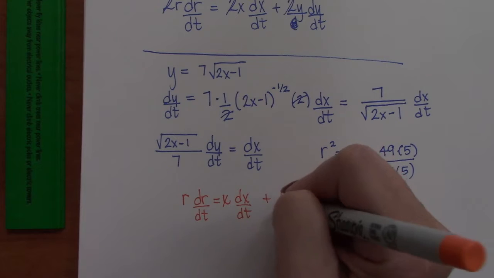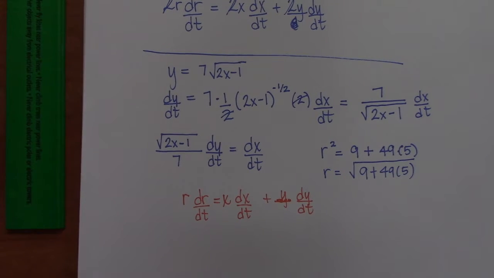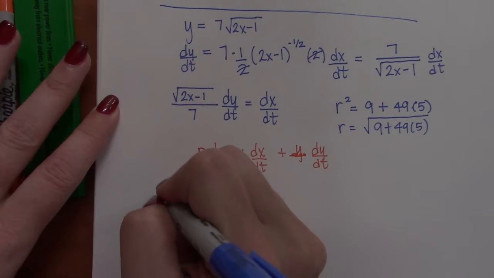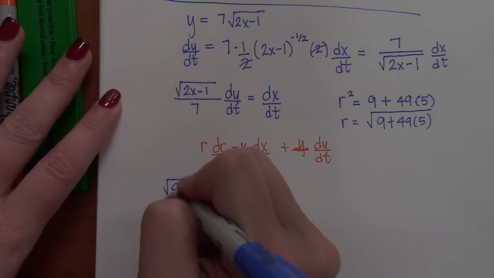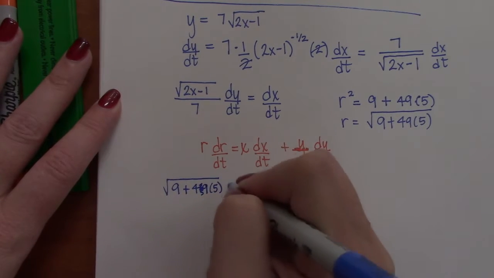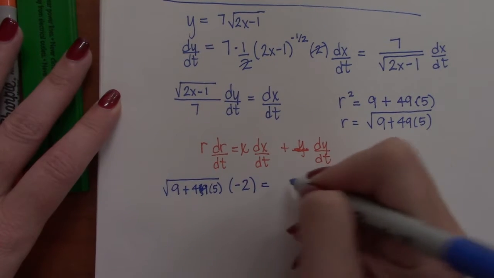So this is the equation that I want to substitute everything into. So my r is the square root of 9 plus 49 times 5. dr dt is negative 2.